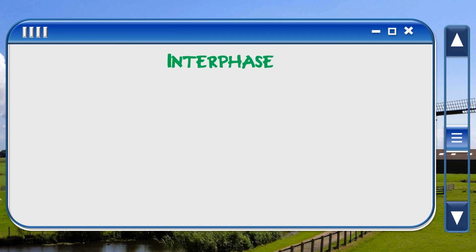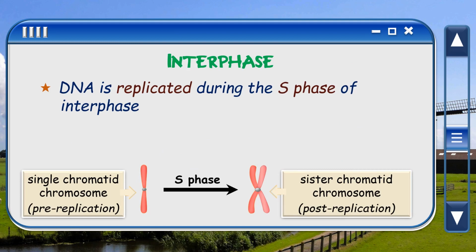Let's look at the first stage, interphase. The DNA is replicated during the S phase of interphase. During interphase, what is happening here? We have a single chromatid chromosome. That is before replication. Now, when it makes a copy of itself, that is what we are referring to as replication.